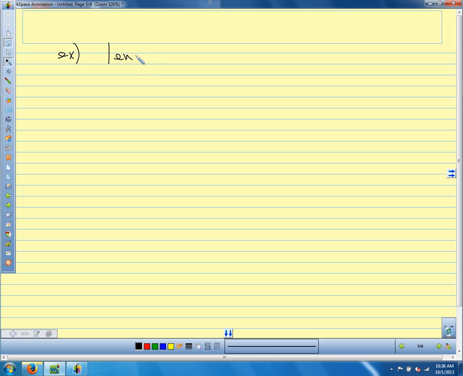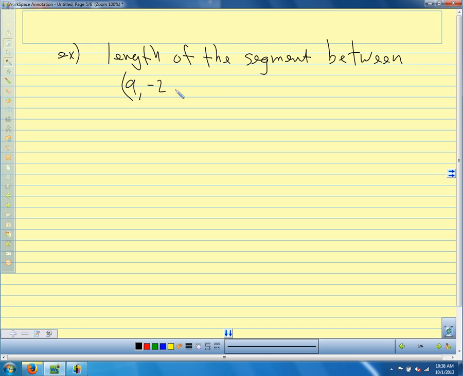We want to find the length of the segment between 9, negative 2, and negative 3, 6. So we're asking this question in a slightly different way.